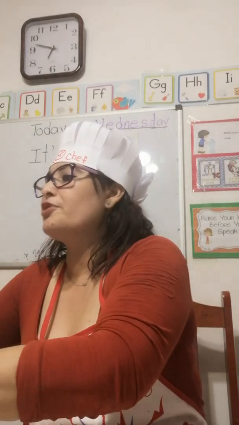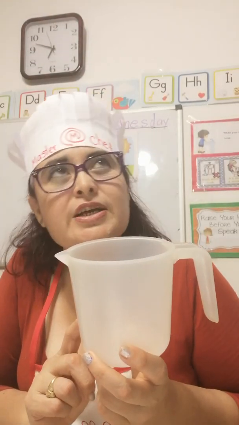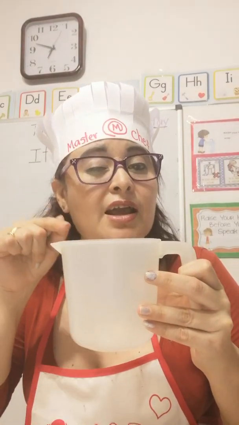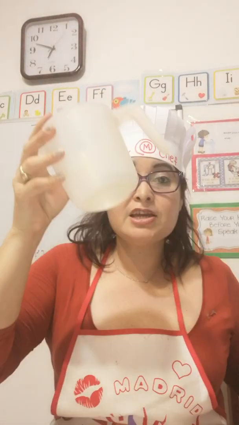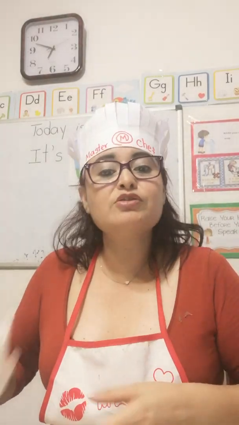There are some other measuring tools like this one. This is a cup, but this cup is used to measure liquids. For example, milk, water, orange juice. You can measure with the cup. Repeat over there, cup. Measuring cup. I have some other tools over here.